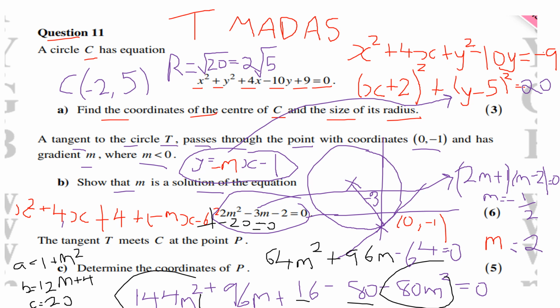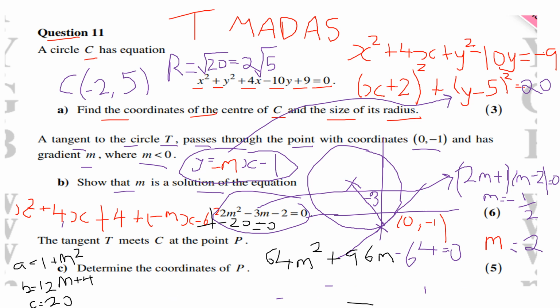If we divide everything by 32, then we get 2m squared plus 3m minus 2 is 0.